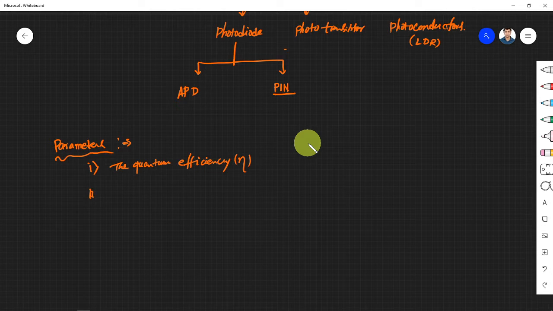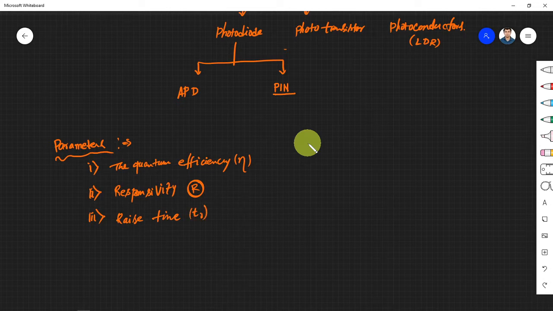Another important parameter is responsivity, which is denoted as R. Then we have another parameter called transit time, or rise time, which is denoted as TR.